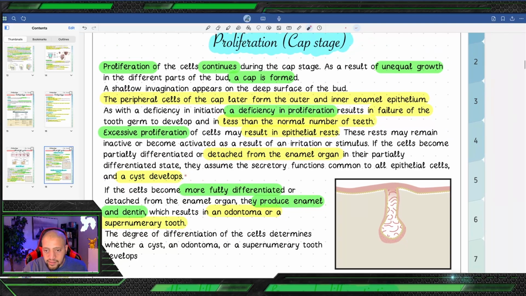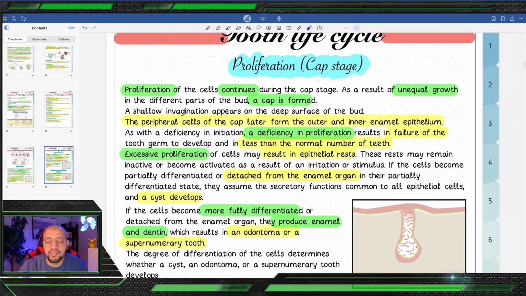So let's explain this in a different way. You remember we discussed the dentigerous cyst in a previous oral pathology chapter. We said the dentigerous cyst comes from the remnant of epithelial rest, and this remnant comes from this stage. So here, if the proliferation is arrested, the tooth will be gone.